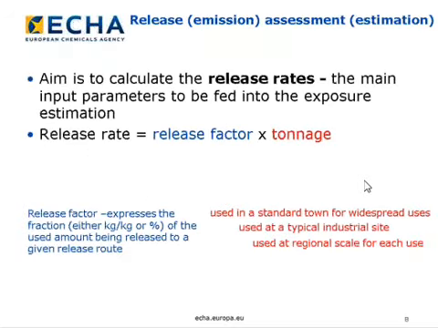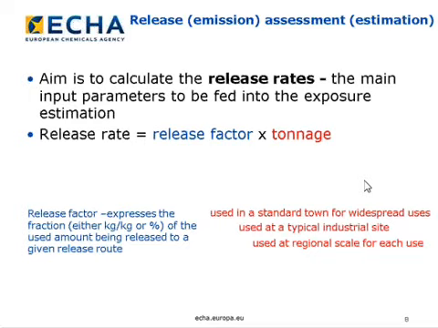And now coming to the first step of that assessment, the emission estimation. The aim of this release estimation is to calculate the release rates, which are driven by release factors and tonnage.